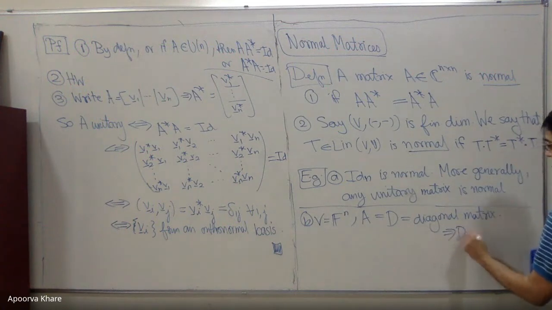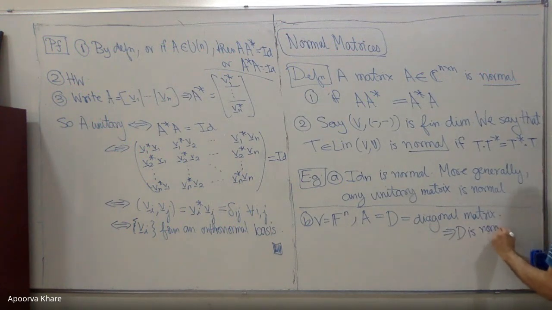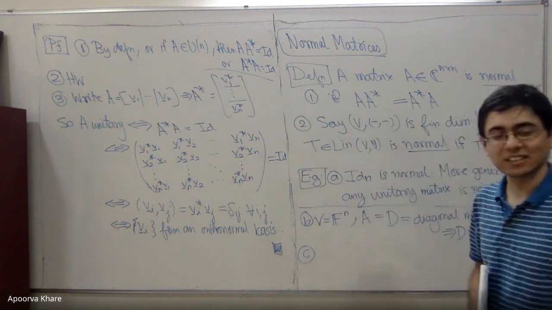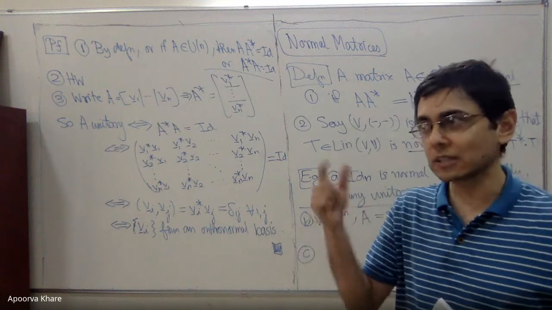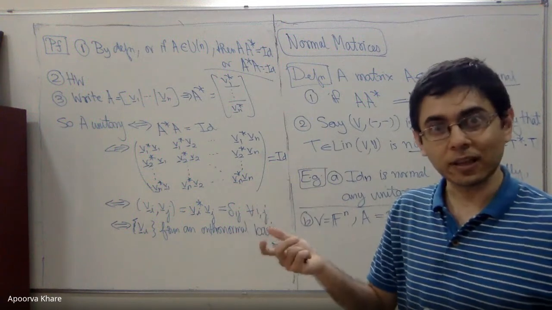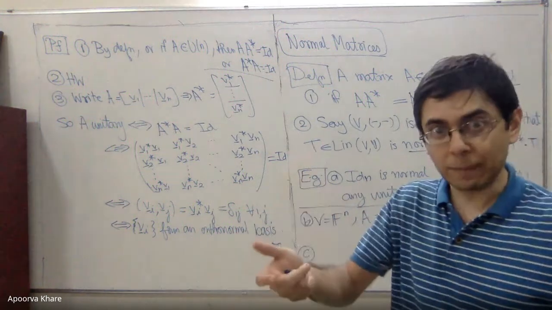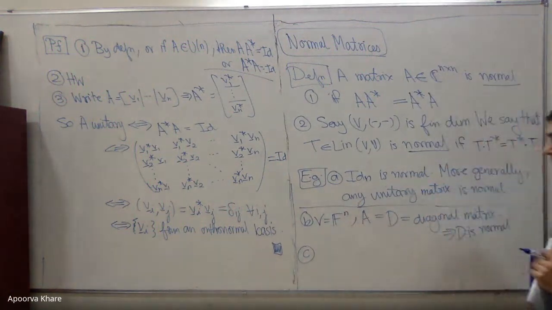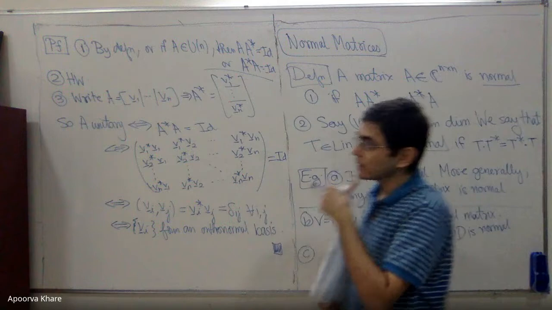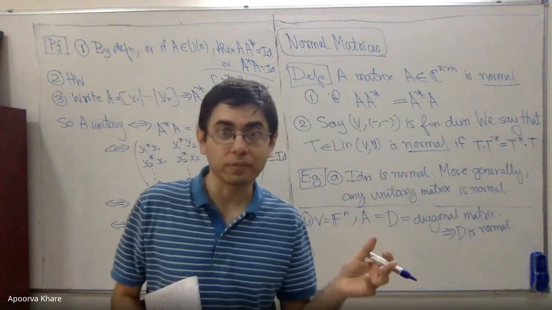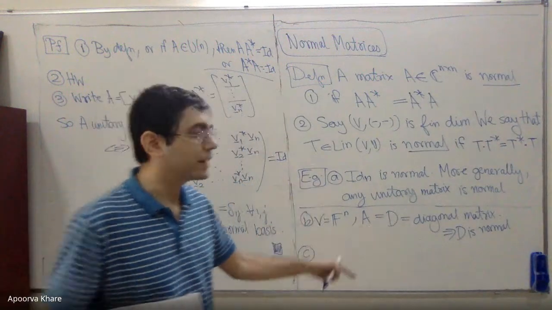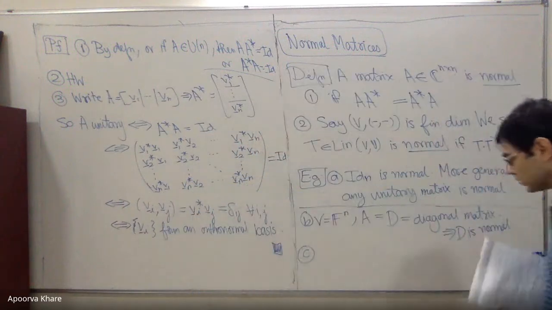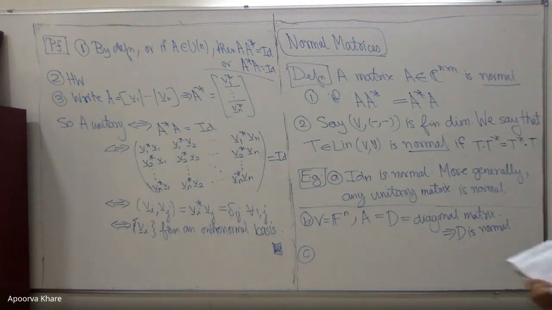This implies D is normal. This is trivial to verify. The next one is just like this: if I say that something diagonal has a nice property, like distinct eigenvalues, then diagonalizable maps with some kind of P inverse also have distinct eigenvalues. Except now, I need to again change bases in an orthonormal way. So I don't take P D P inverse, I take a unitary times D times a unitary inverse.